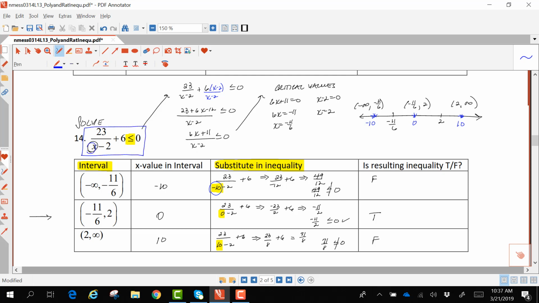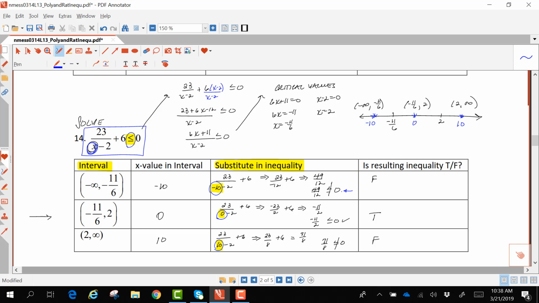So I go to my original inequality and I replace the x with my test value of negative 10. When I do that, my result is a positive 49/12. In row 2, I'm placing my test value of 0 in, and in row 3, my test value of 10. Returning to my inequality, the goal is to determine if my numbers are less than or equal to 0.